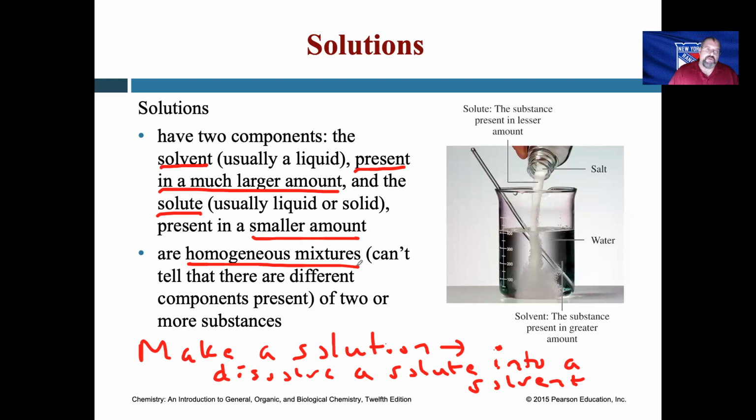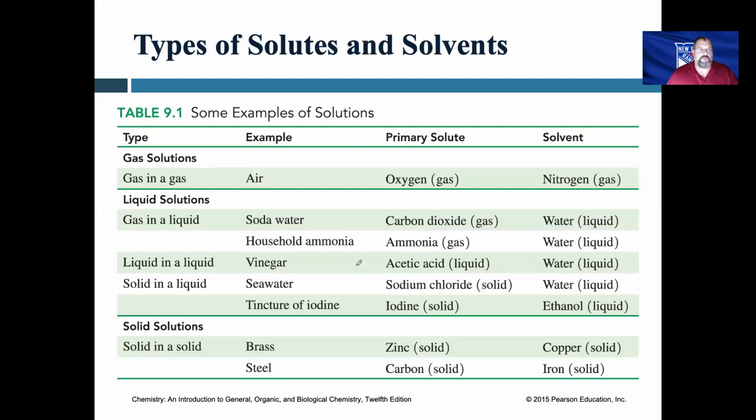Whereas in a heterogeneous mixture, even though you didn't see the actual mixing take place, you could definitely tell that there are two components present. So for a solution, after the solute dissolves into the solvent, you really can't tell that there are two or more components present. And for most solutions, it's two components, the solute and the solvent. Okay. So just to expand on that a little bit, here are some examples of different types of solutions.